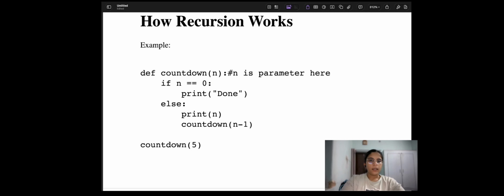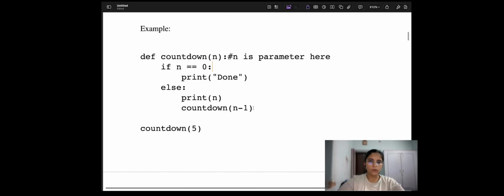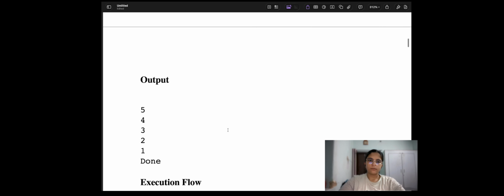Else, if n has value 1, 2, 3, 4, 5, 6, then print that value, and the countdown would be n minus 1. Then this will give 5, 4, 3, 2, 1.